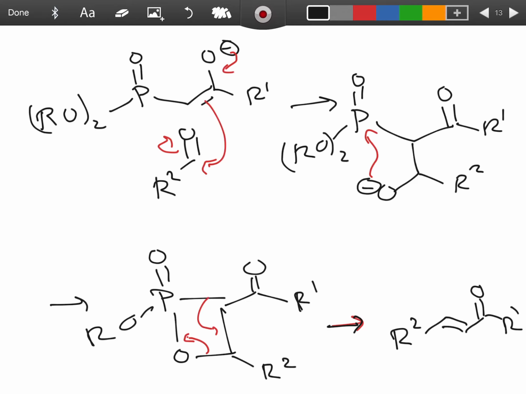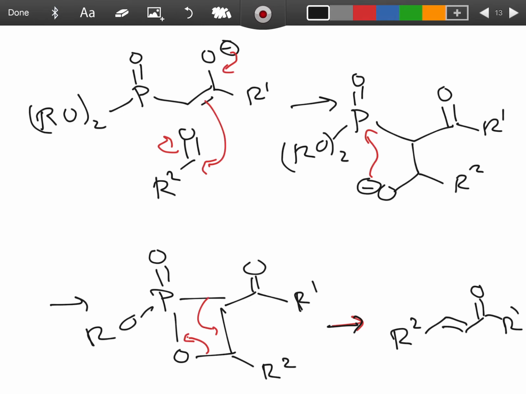So why does it typically select for a trans double bond as opposed to a cis double bond? That's because, just like in the Wittig, remember we said that having a stabilized ylide, you get the trans double bond because it goes through a late transition state, and it can try multiple times.